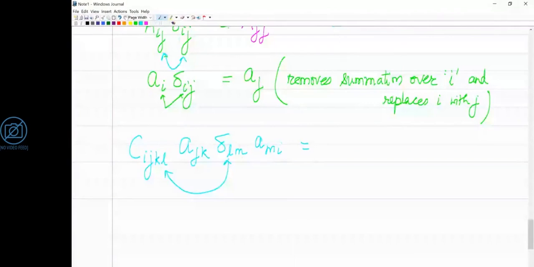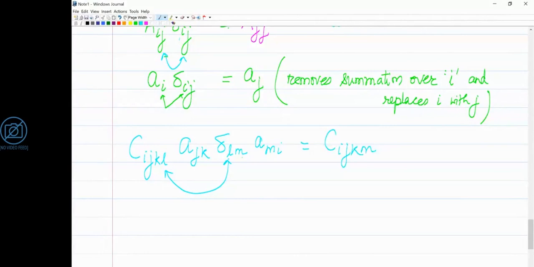What I will do is remove the summation over l and replace l with m, which automatically removes the summation over l. And how did I know that I had to replace l with m? Because m is the other index in the Kronecker delta here. So this becomes C_ijkm A_jk A_mi.